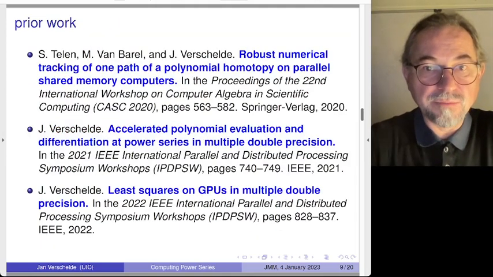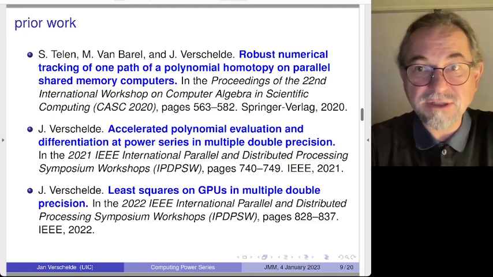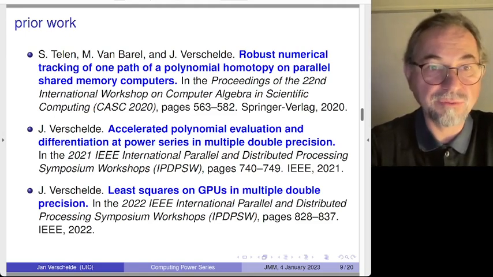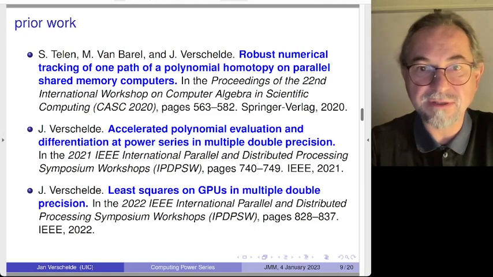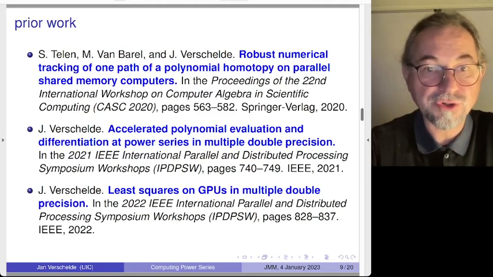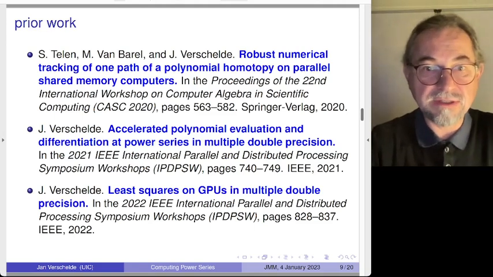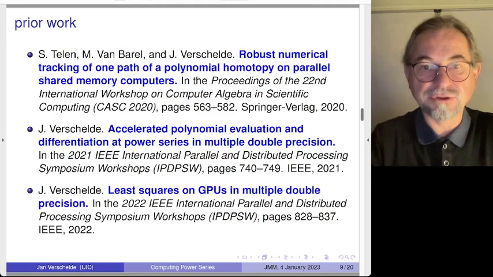Here is some prior work. I mentioned the task graph earlier with the coarse-grained parallelism as you would do on a multi-core chip. I explored this in a publication 2 years ago. There are the two main bottlenecks, the evaluation and the differentiation, and then the linear algebra.